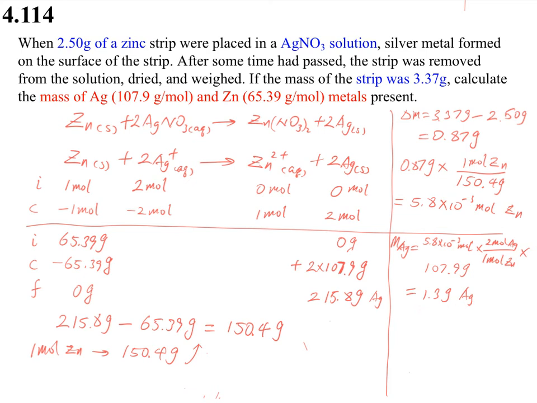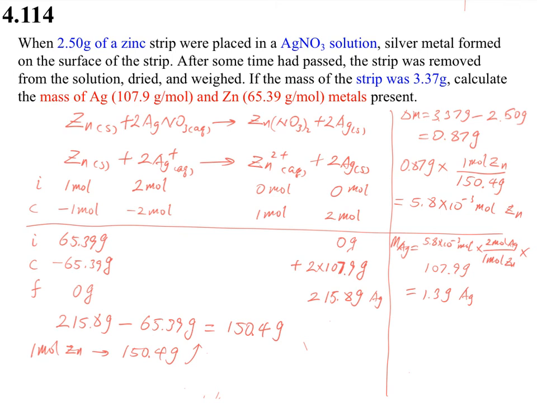So how many gram of zinc remained? Pay attention that at the beginning we have 2.5 gram of zinc, and we know 5.8 times 10 to the negative 3 mole of zinc reacted. This amount of zinc is gone. So we subtract the mass of this amount of zinc from the original 2.50 gram of zinc, and we get the amount of zinc remaining in the final strip.